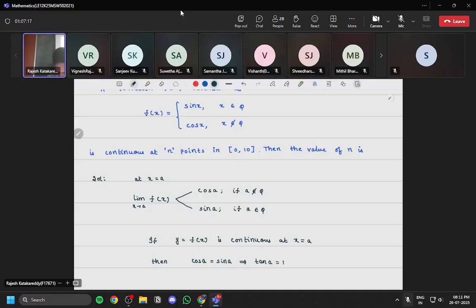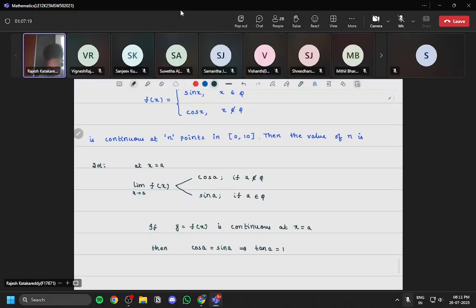Tan a is 1, which means a can be pi by 4, pi plus pi by 4, 2 pi plus pi by 4. In this given interval, there are only 3 continuous points. The remaining are all discontinuous points.